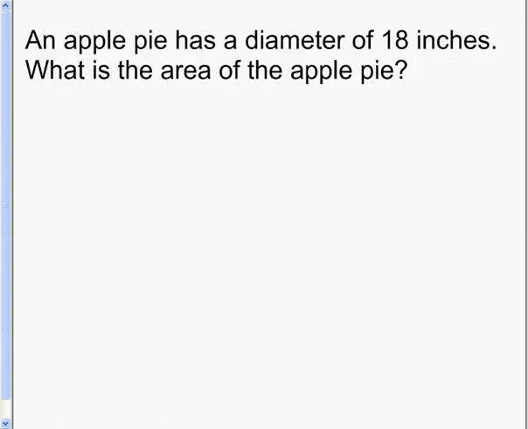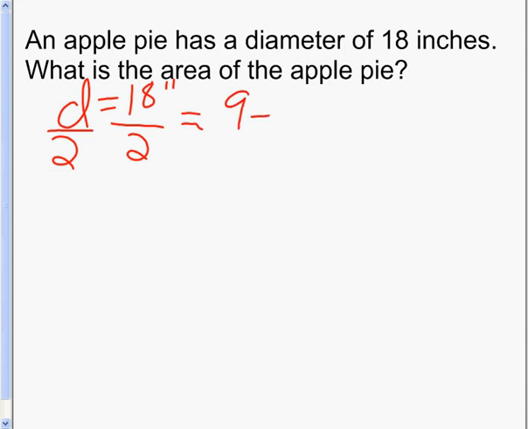The last question is an apple pie has a diameter of 18 inches. So write down what we know. Diameter is 18 inches. What is the area of the apple pie? So we need to find the radius first. So divide both sides by 2, we get radius is 9 inches. So Fuzzy Wuzzy was a bear, area equals pi r squared.